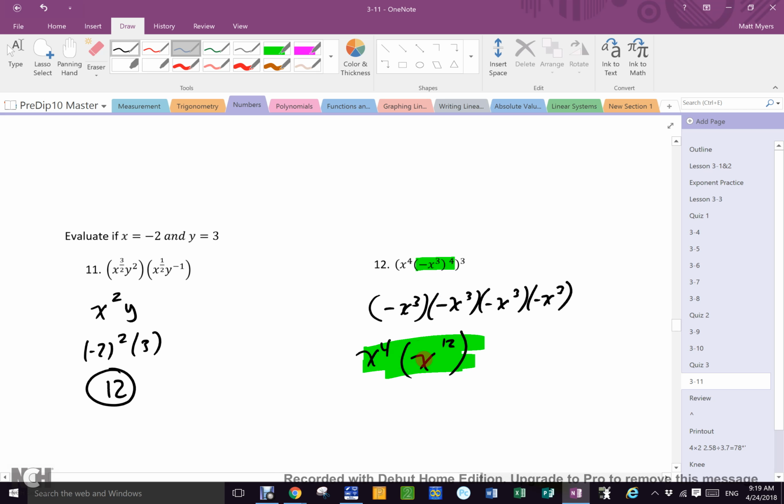Because that's the green, becomes that. x to the 16th cubed, which is x to the 48th, yes? x is negative 2, so it's the same as positive 2 to the 48th, which is a number that is too big for your calculator, I think. I can't remember how big 2 to the 48th is.